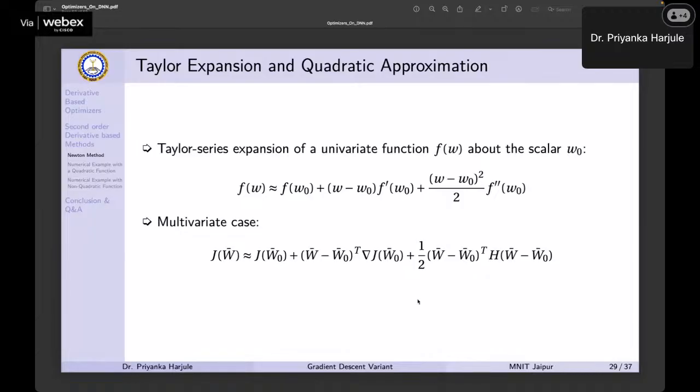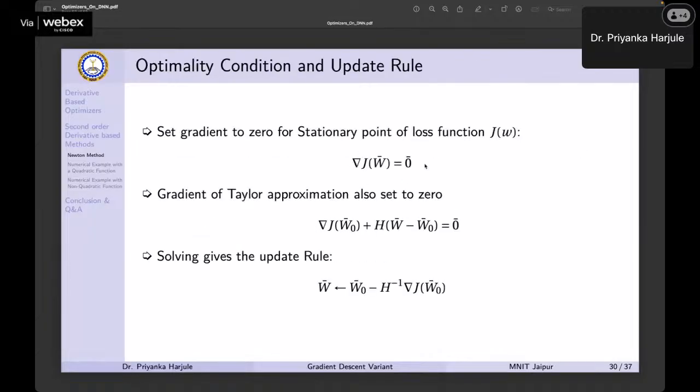We can simply set the gradient to be 0, which gives us the equation that the gradient of the loss function J of w bar is 0. This reduces the gradient of the Taylor approximation to gradient of J of w naught bar plus H times w bar minus w naught equal to 0. This is the gradient of the Taylor approximation.